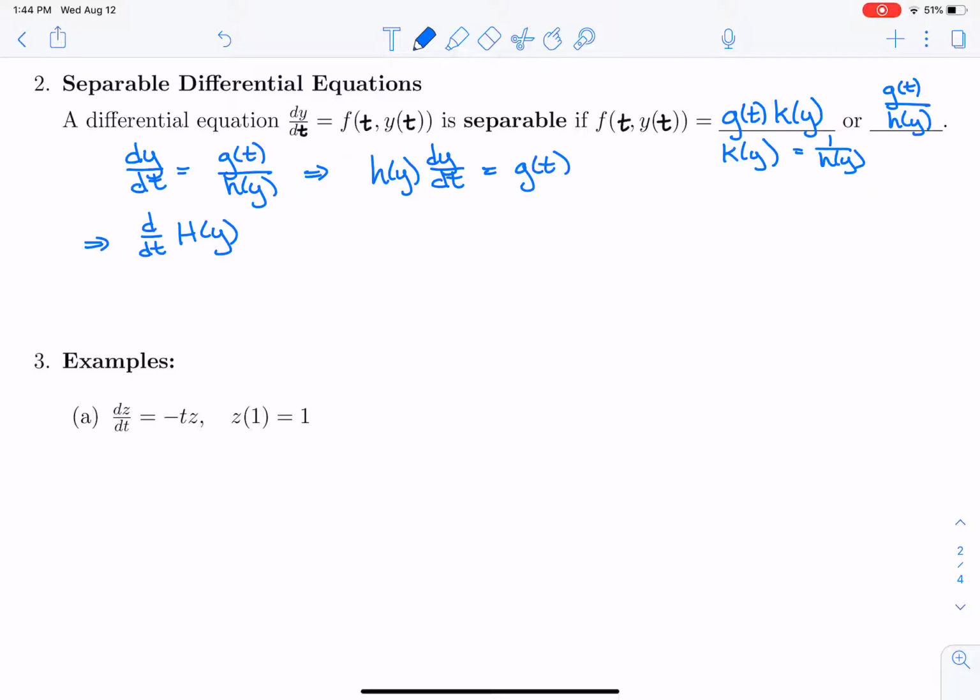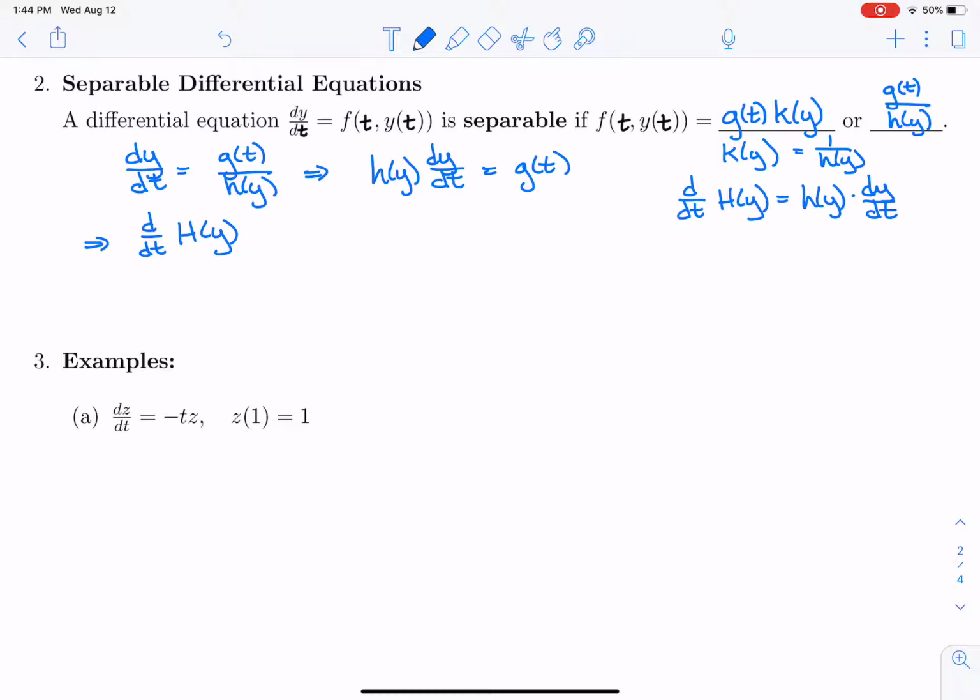Just as a side computation, we're going to say that d/dt of capital H of y is equal to lowercase h of y times dy/dt. So we're thinking about capital H as being the antiderivative of lowercase h.